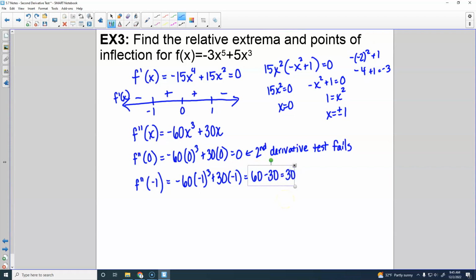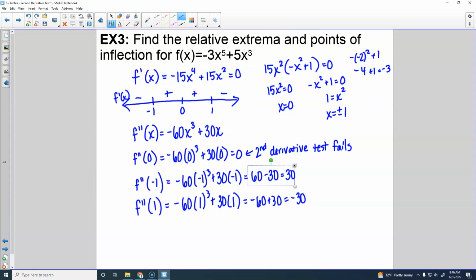So the second derivative test does work for -1. It will also work for positive 1 as well, because f double prime of 1 is -60 times 1 cubed plus 30 times 1, which will give you -60 plus 30 equals -30.